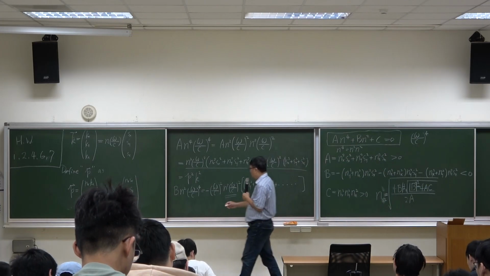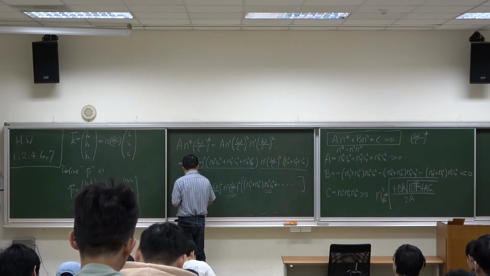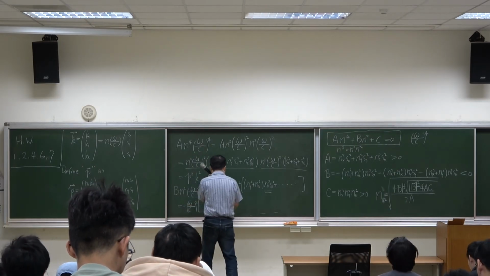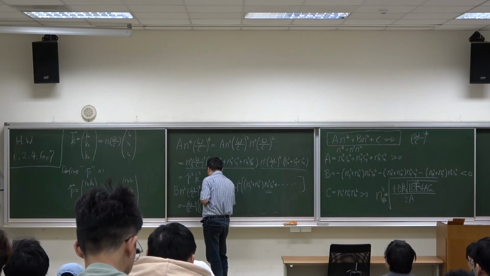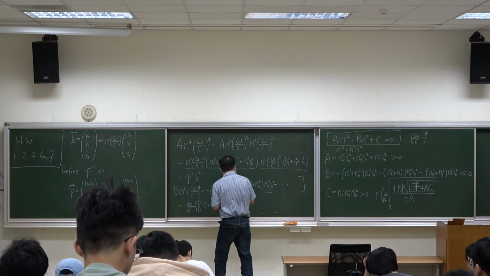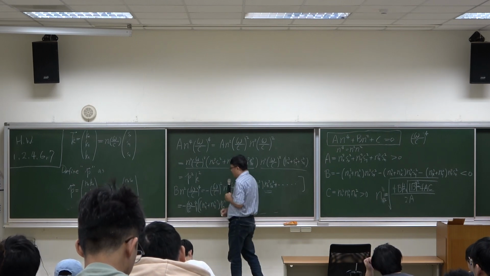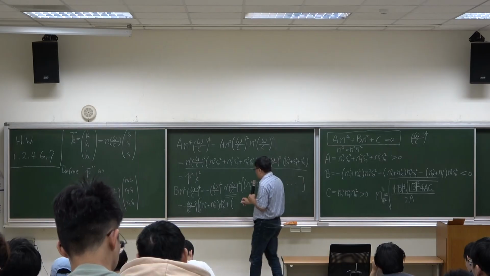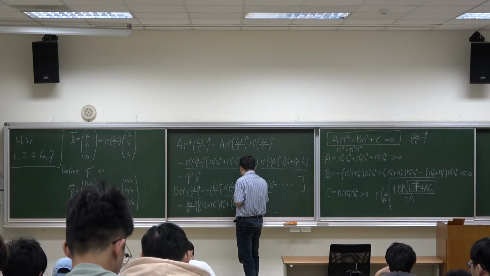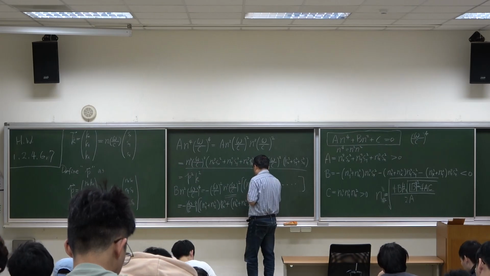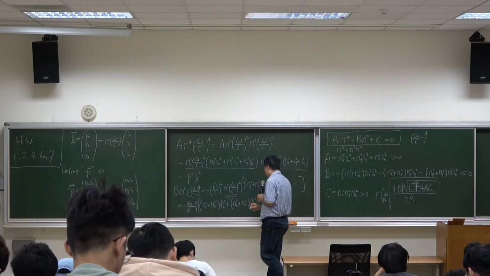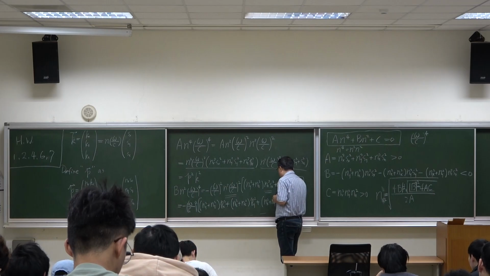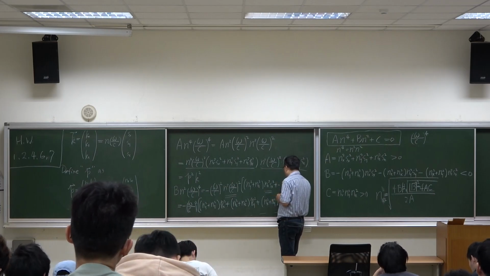Okay, so this is equal to minus omega over c squared times ny squared plus nz squared times px squared, okay, plus nz squared plus nx squared times py squared plus nx squared plus ny squared times pz squared.